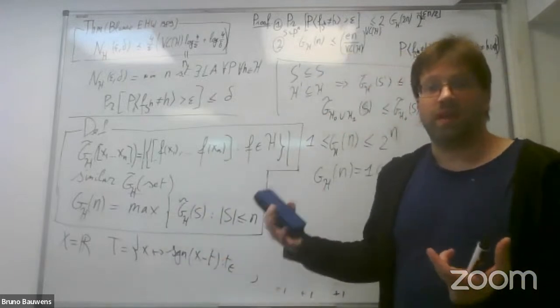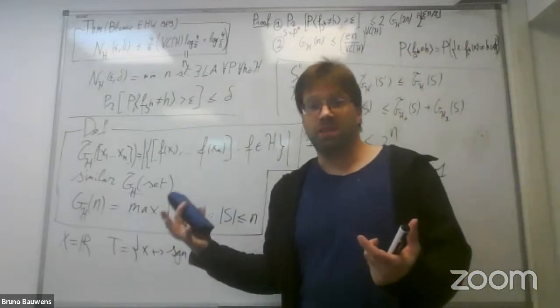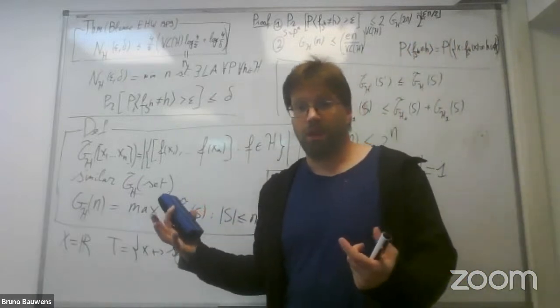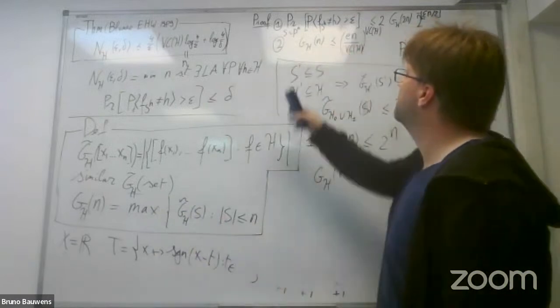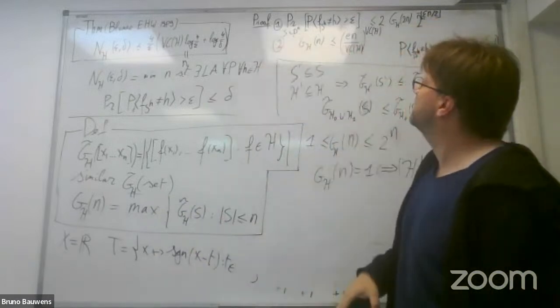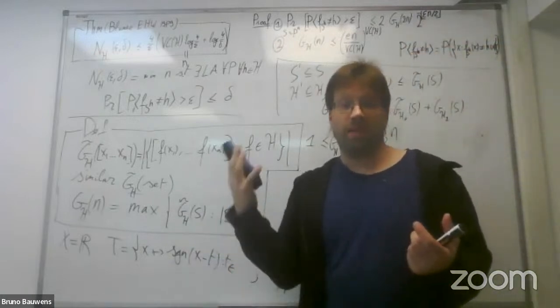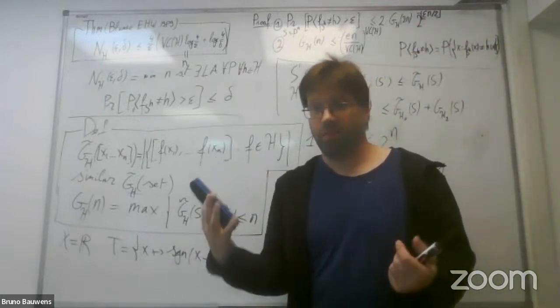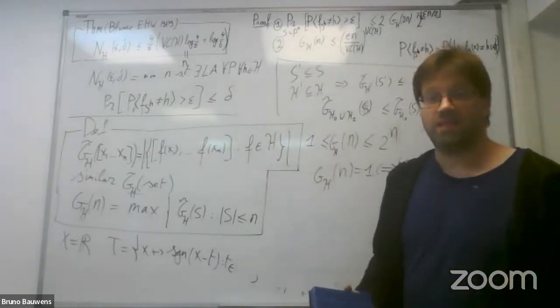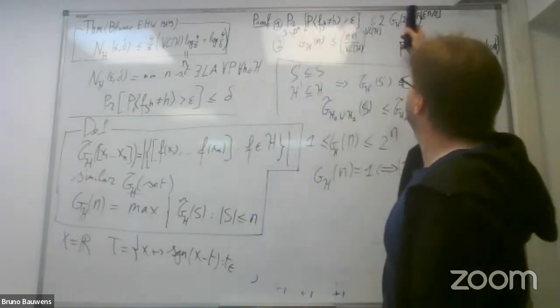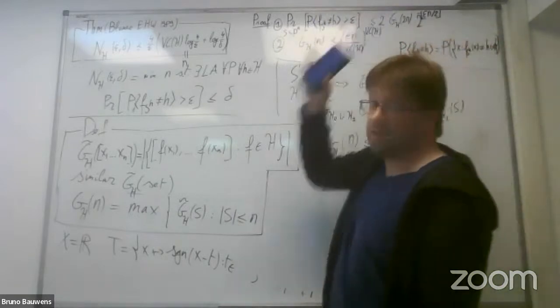Then with high probability, we will make many mistakes on the training set. Okay, and in this process, we first generate the training set, then we generate a test set, and we make many mistakes on the test. So we generate two sets of size n.